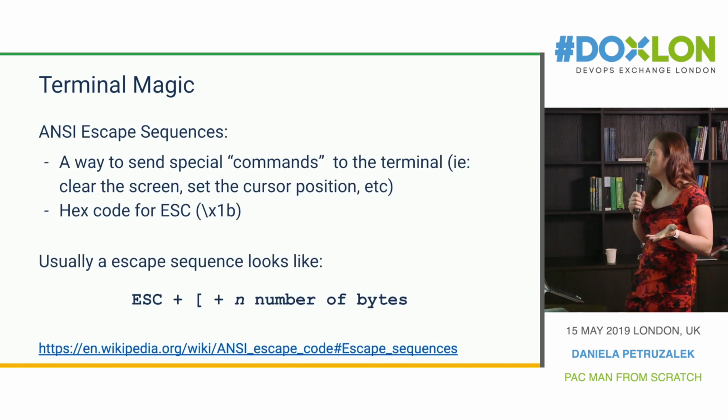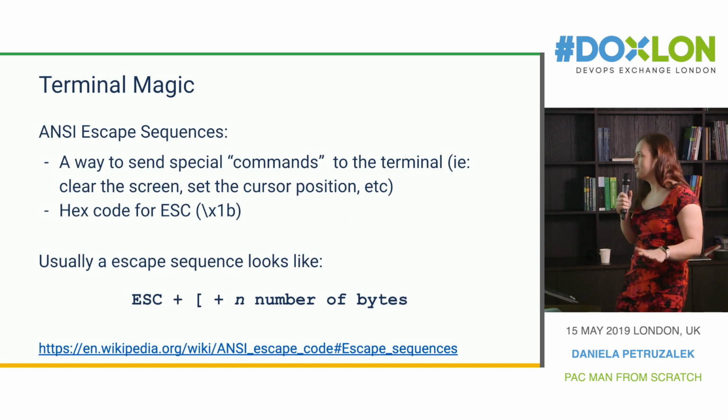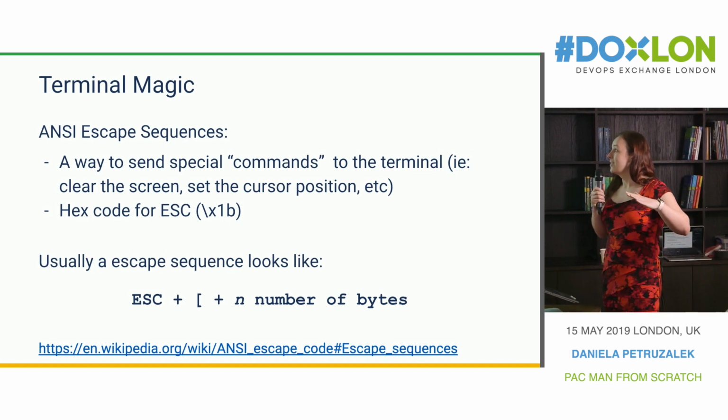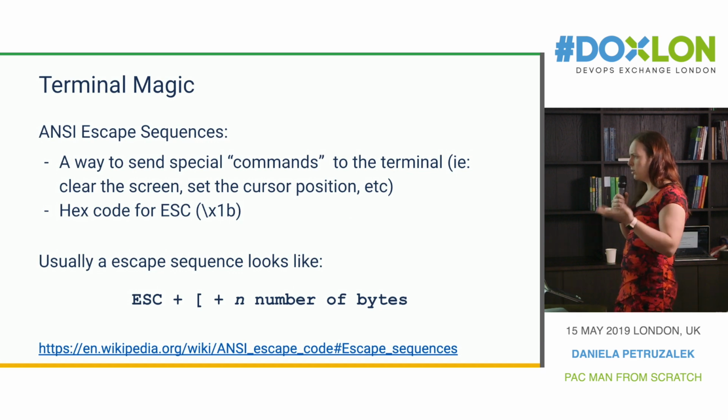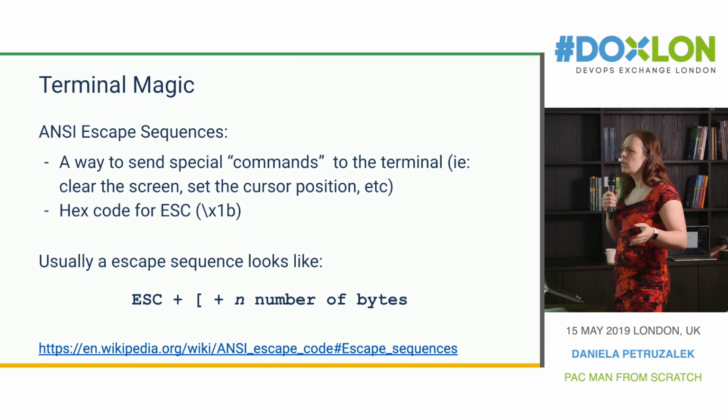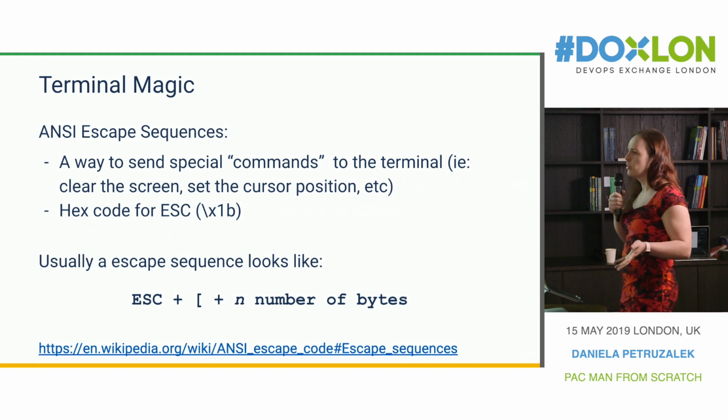We will also be using some terminal magic, which are the ANSI escape sequences. You can imagine them as special commands that you write to standard output. They have a special meaning for the terminal.